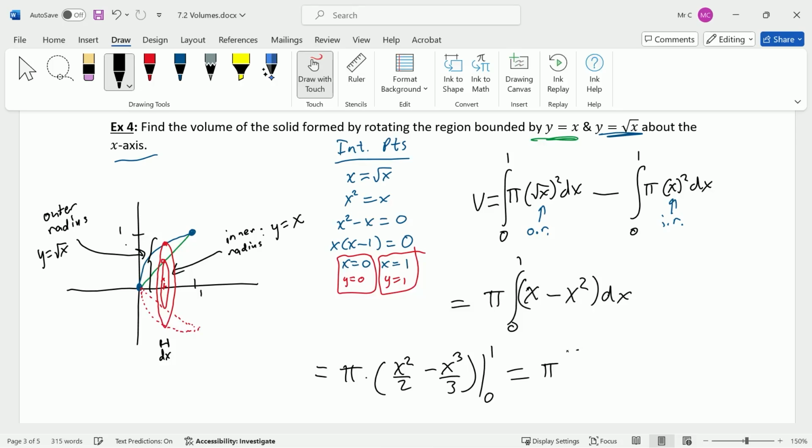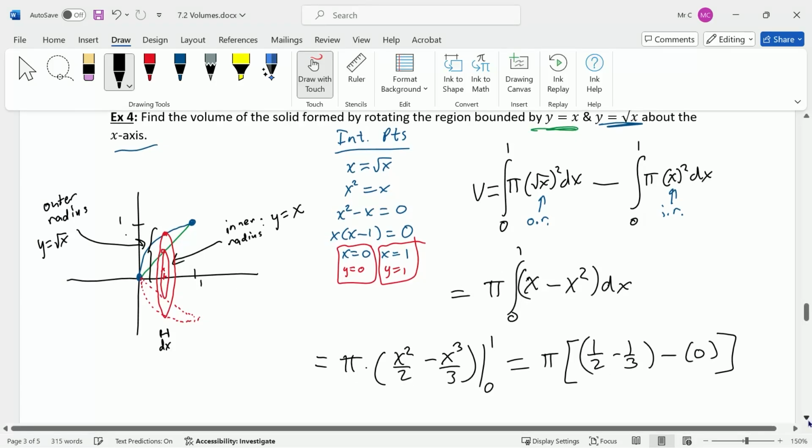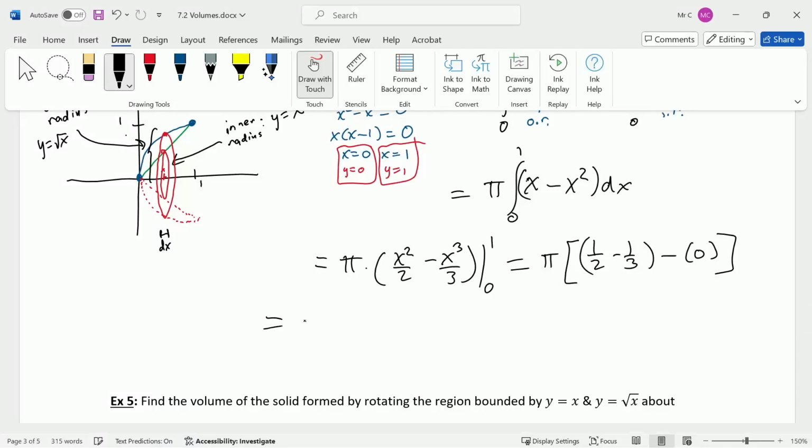That's pi times 1/2 minus 1/3 minus 0. Okay, 1/2 is 3/6 minus 1/3 is 2/6. 3/6 minus 2/6 is 1/6. So this is just pi over 6.